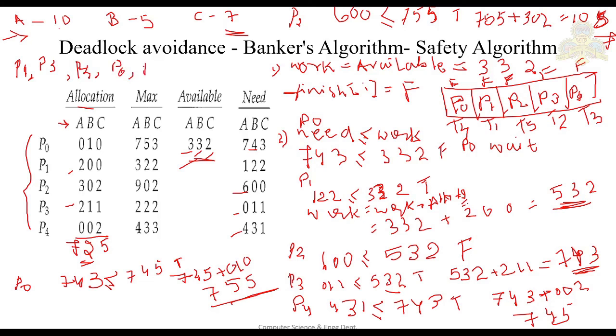Then you have P2. Now the sequence is P1, P3, P4, P0 and P2. Whenever you execute the processes in this sequence only, then they say that the system is in a safe state. It has not caused any deadlock. And this sequence we call a safe sequence. Okay. So this is regarding the safety algorithm in the banker's algorithm.